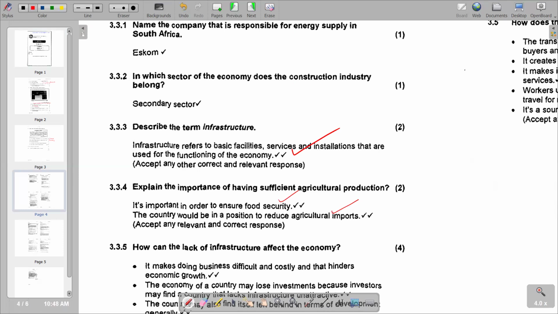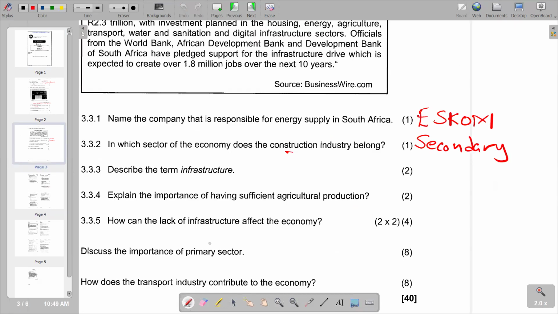And obviously, we are not going to see businesses or people importing goods and services. They will be produced locally. So that becomes a way to substitute imports with locally produced goods. So basically, this is what we have on 3.3.4, and we go to the next part of the question.